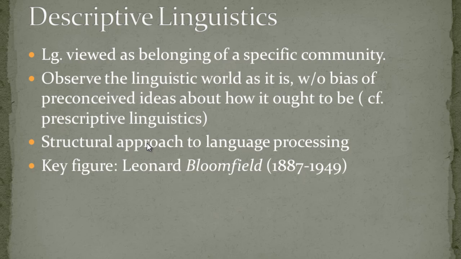The danh từ and động từ now become one category called vế từ. And of course, if we change from that syntax level, it makes a lot of changes in the way we describe sentences.